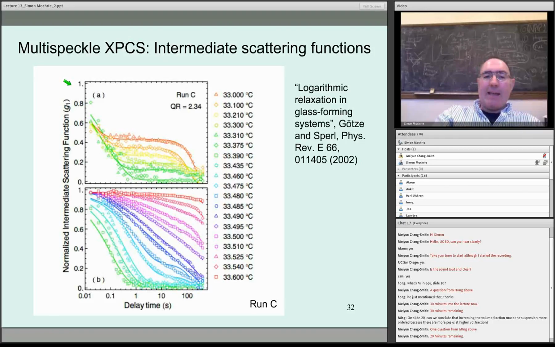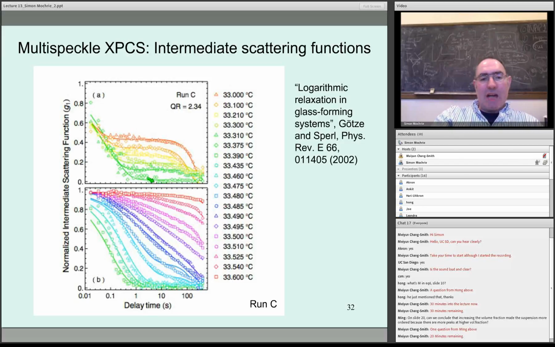In any case, as you increase the temperature, which is in our case increasing the attraction strength, because we're going closer to the consolute point, as I increase the attraction strength, somehow the plateau gets weaker and weaker.